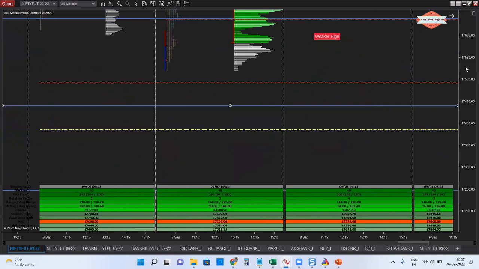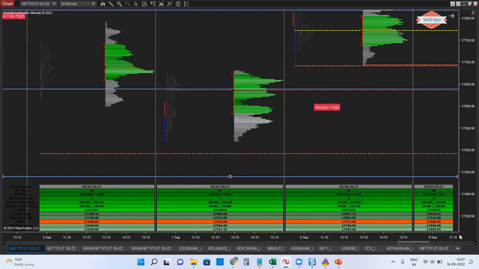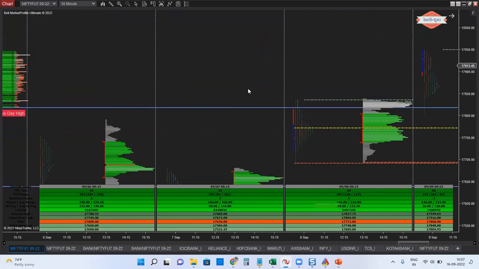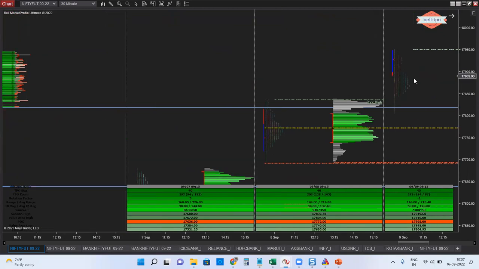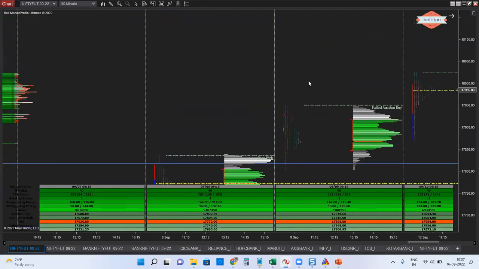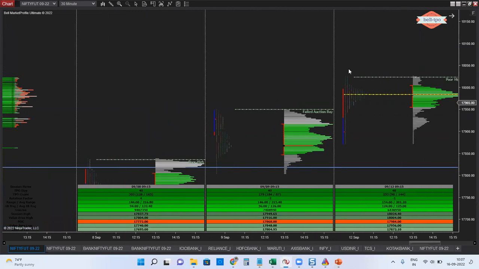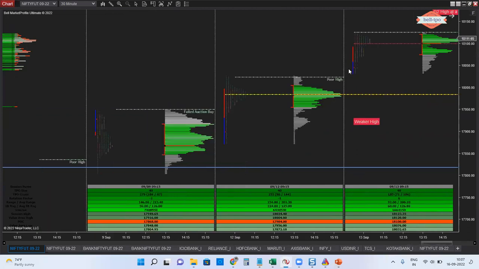Within 4 days, we had gap ups. Every day was a gap up day, and then the market fell down. Again, a gap up day, the market fell intraday. Again, we had a gap up, and then a ramp. Again, one more gap up. So 4 days we had a gap up. Even international markets gapped up, and those 4 days were a complete destroyer.